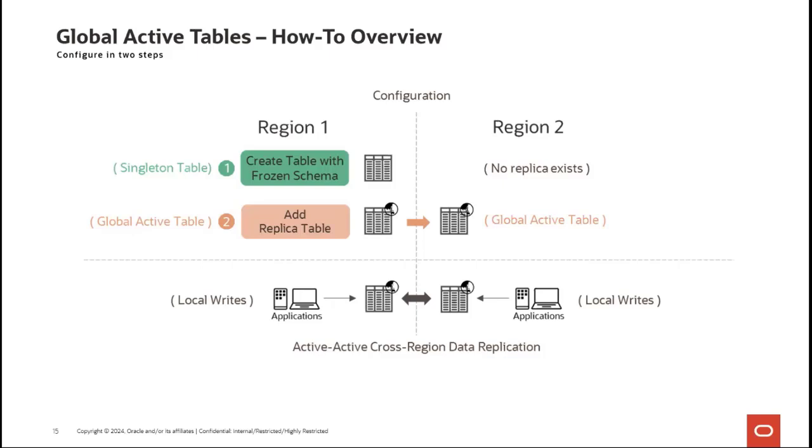Then what you have to do is you have to freeze the schema. Once you freeze the schema, then as Dario showed, right, then there will be this sort of add replica table button that you can hit. So when you hit the add replica table button, that will then communicate to the region that you've identified.